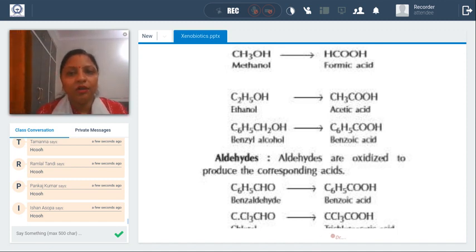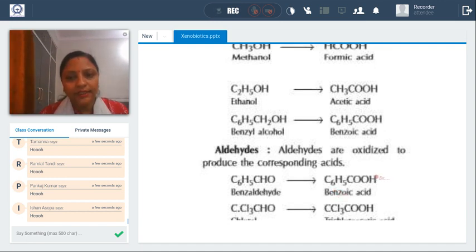Benzyl alcohol C6H5CH2OH converts into benzoic acid C6H5COOH.